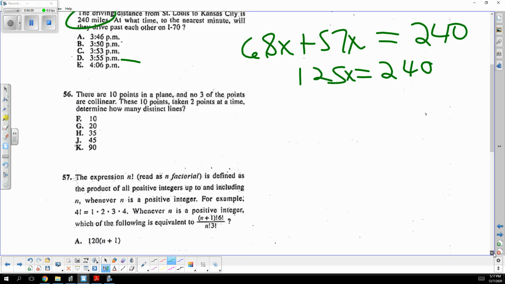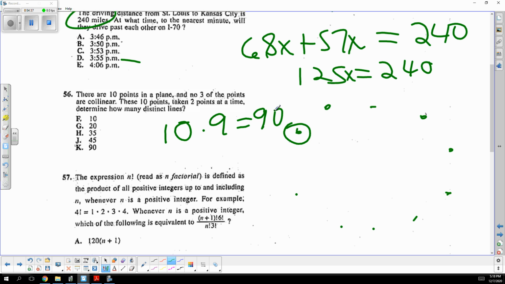10 points are in a plane. No 3 are collinear. How many lines? So 10 points. How many lines can I draw from each? Well, I can draw 9, huh? In fact, I can draw 9 from all 10 points.